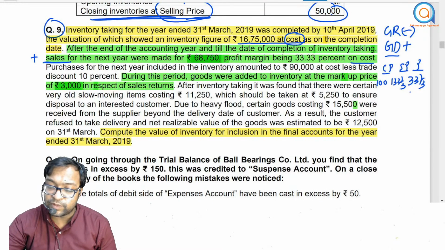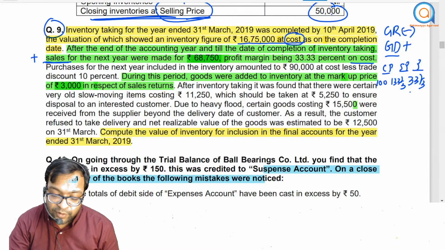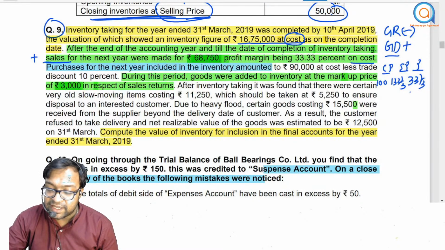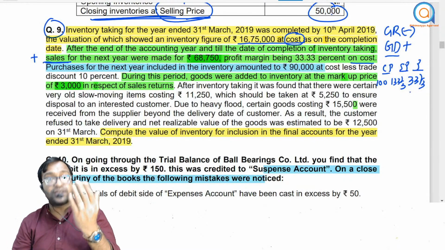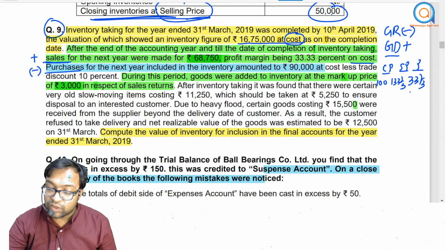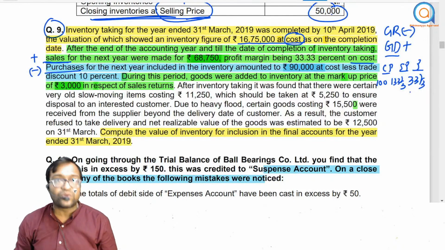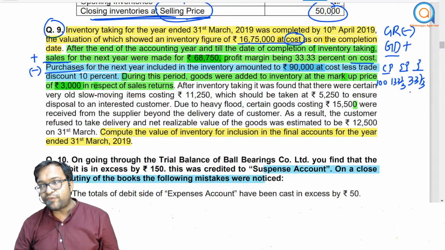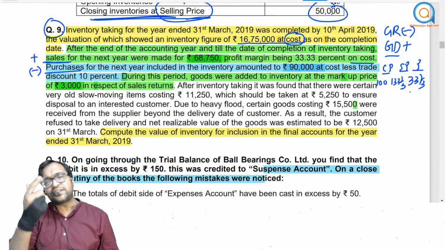Let me read the next point. Next they are saying purchase for the next year included in inventory 90,000. Purchase means goods received, so it should be deducted. But what are they saying? 90,000 at cost less trade discount 10%. So if I ask you what is the purchase cost, don't say 90,000, because trade discount is not recorded.